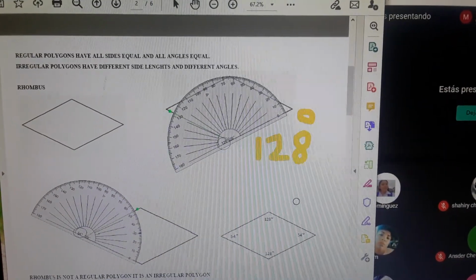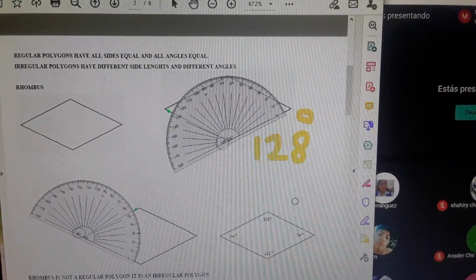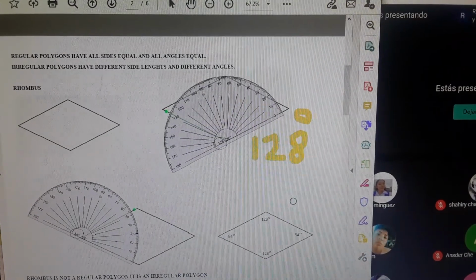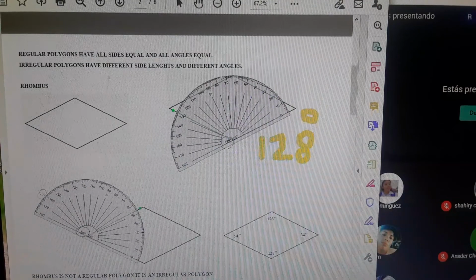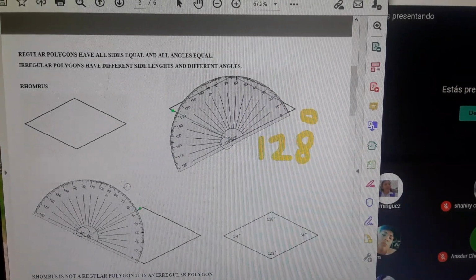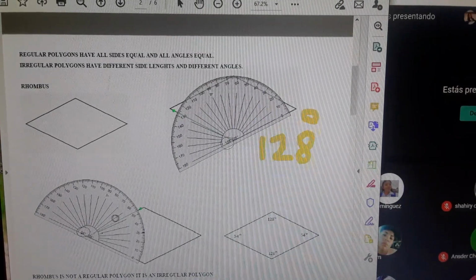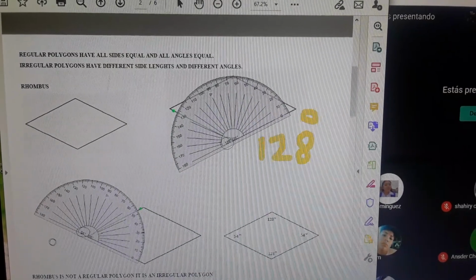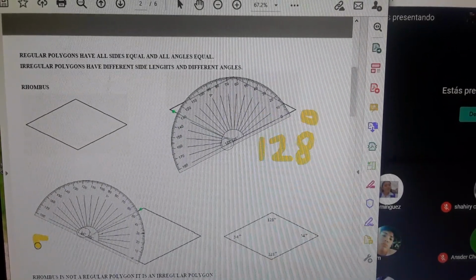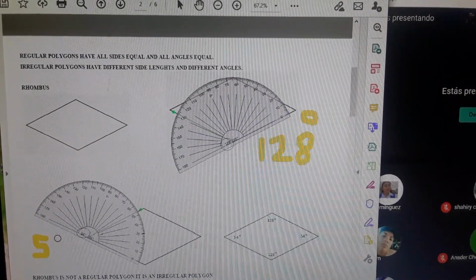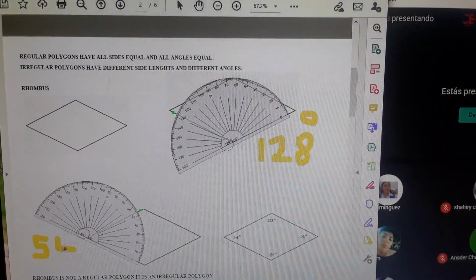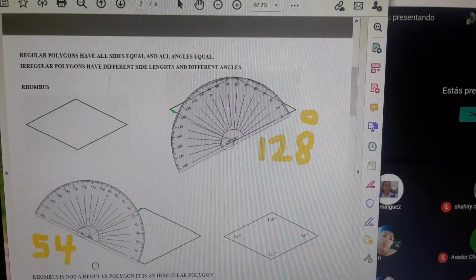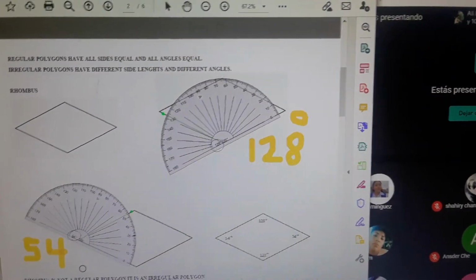Now if I take my protractor again and I turn it on the other side, which is this one here, I measure the angle, how much will it give me? 54.